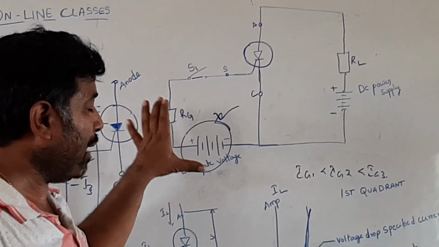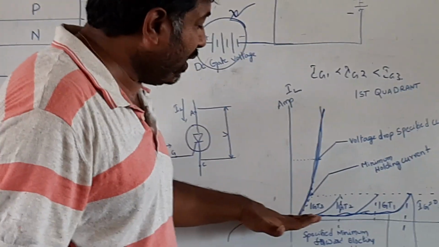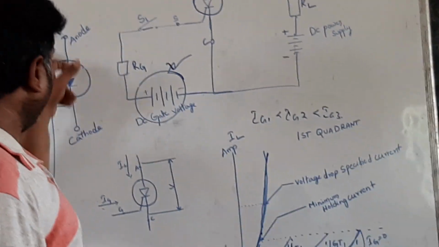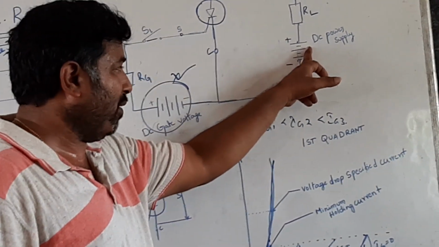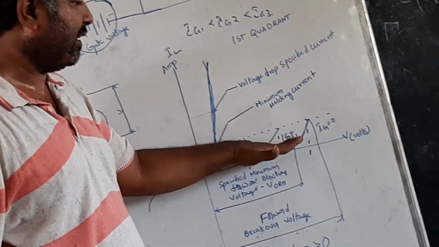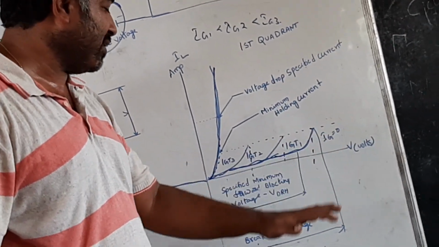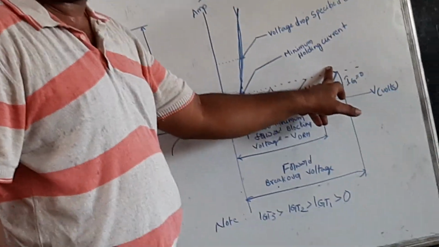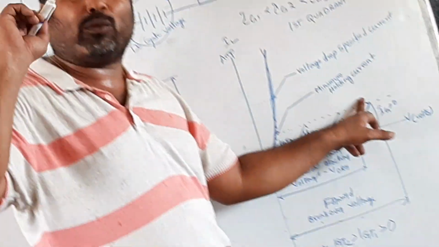Under this condition, by increasing the anode to cathode voltage from the DC power supply, current increases and reaches this point. This is called the forward breakover voltage without applying gate voltage.